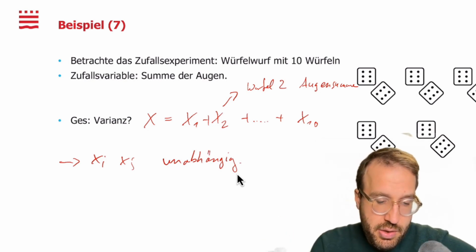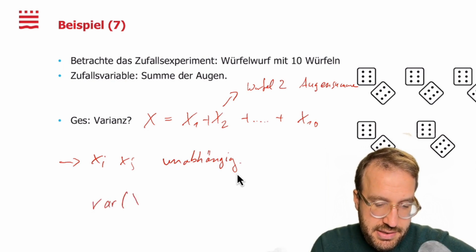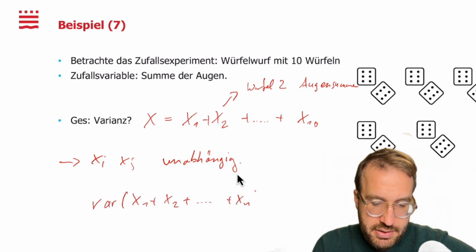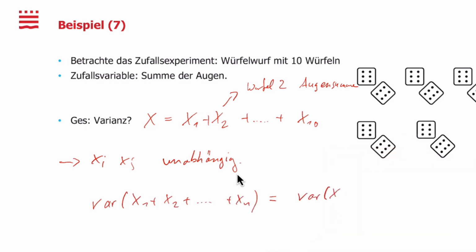With that, we know that the variance of the sum is the variance of X_1 plus the variance of X_2, and so on, the sum of all the variances. And that is simply 10 times the variance of X, because the variance of each X_i is the same, it is simply 10 times the variance of a single die roll.